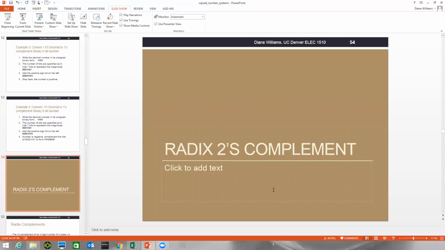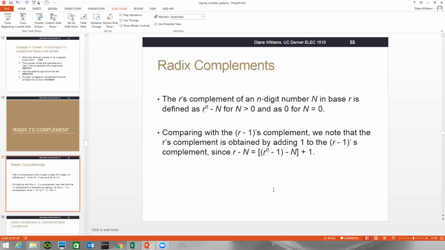All right, so let's talk about another scheme. This is the 2's complement, the Radix 2's complement scheme. We saw that with 1's complement, we ended up having a +0 and a -0, and that was not what we wanted. So we're going to use the 2's complement scheme. And so our Radix complement is the R's complement. When our base is 2, it'll be the 2's complement.